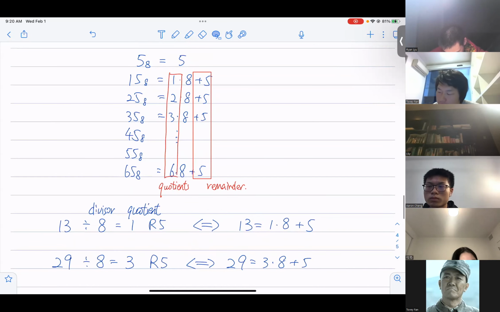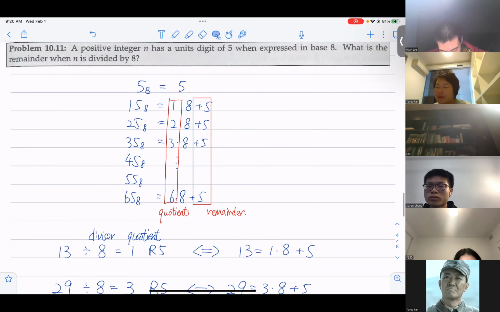So we see that for any number that ends in 5 in base 8, you can always express it as some number times 8 plus 5. So this will be the quotient and that plus 5 will be the remainder. So again, if a number in base 10 divided by another number has a remainder, then that remainder is the units digit of the base 10 number expressed in that base. Let me write it down.